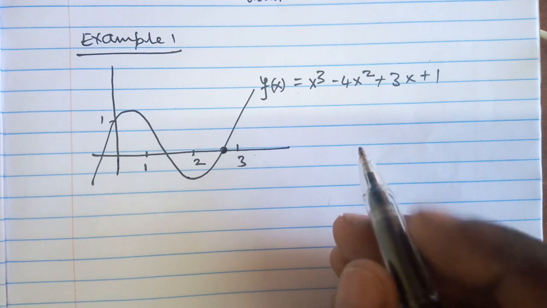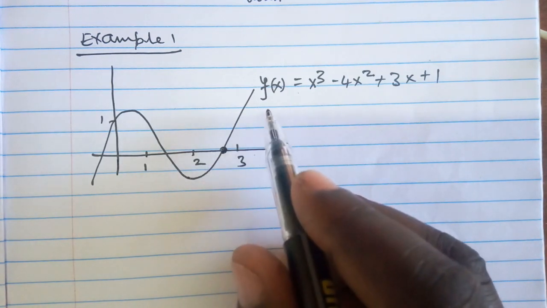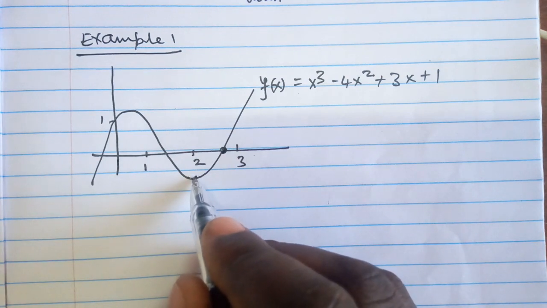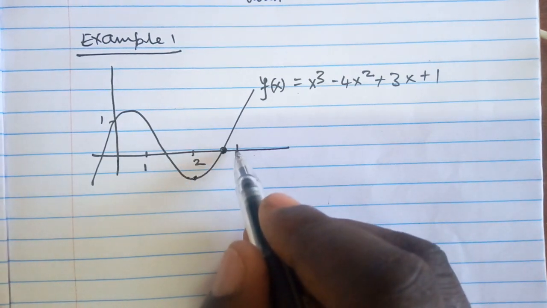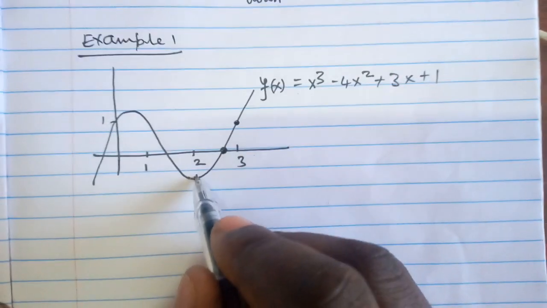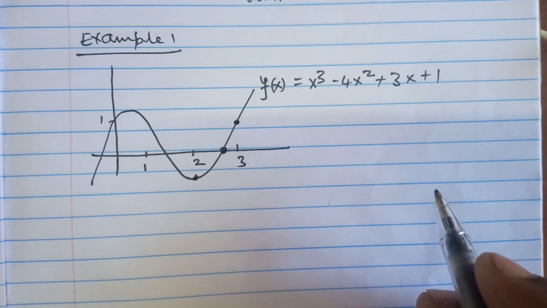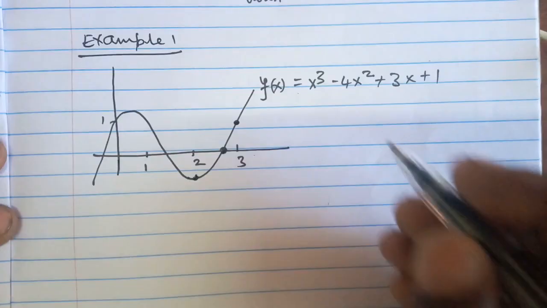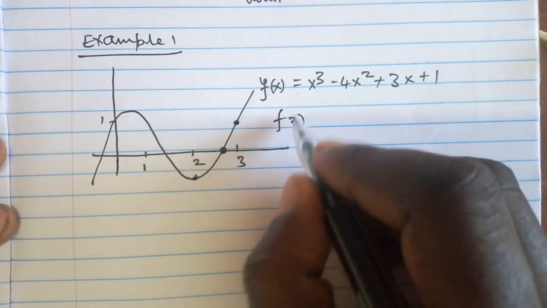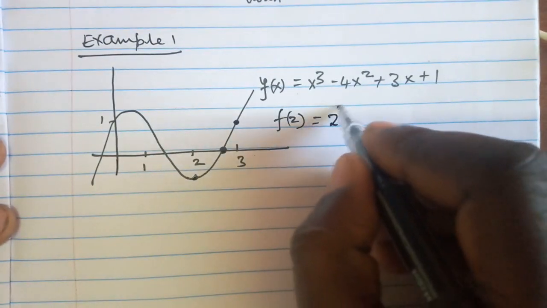If you substitute x equals 2, you realize that y will be negative. If you substitute x equals 3, the function will give you a positive number.